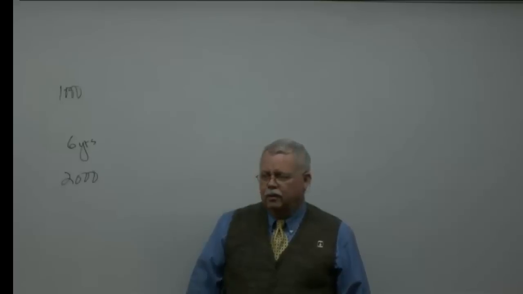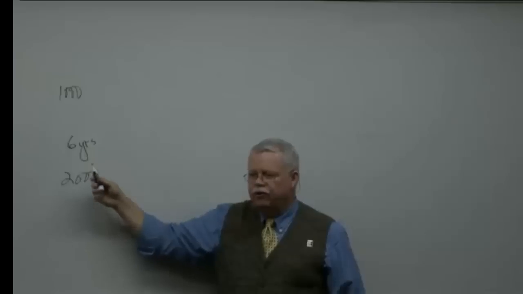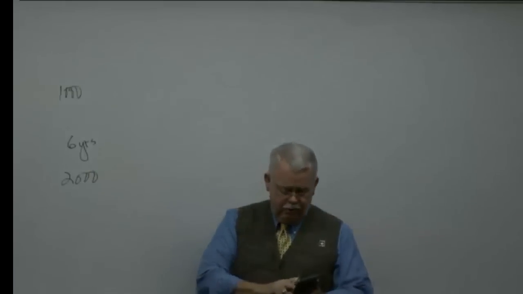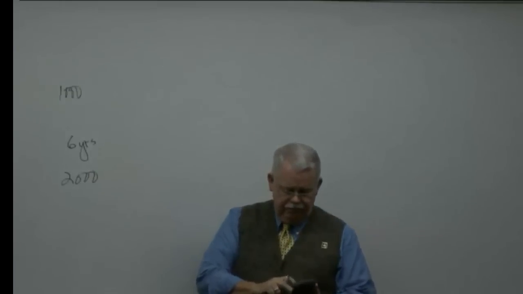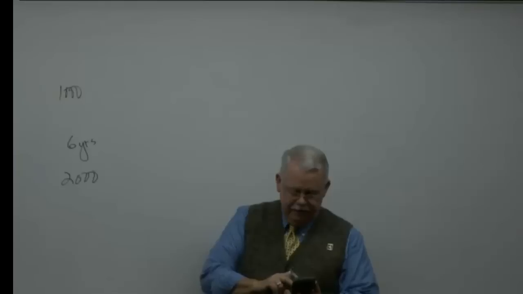What's the question? If you put in 1,000 and 6 years later it becomes 2,000, it doubles in 6 years, what interest rate did you earn? Around 12%. I cheated. Ain't cheating if you win. That's true.